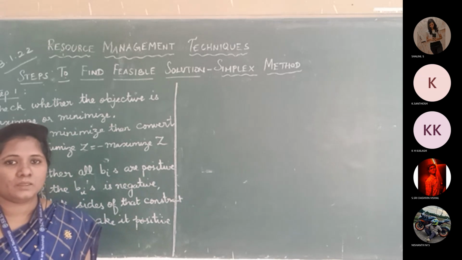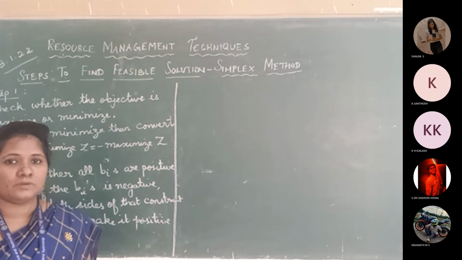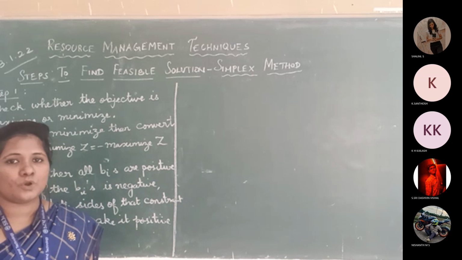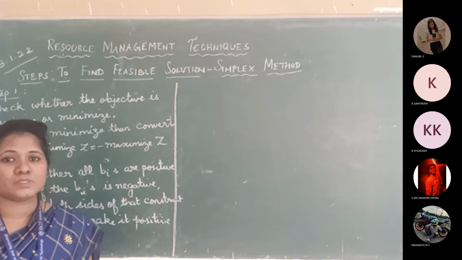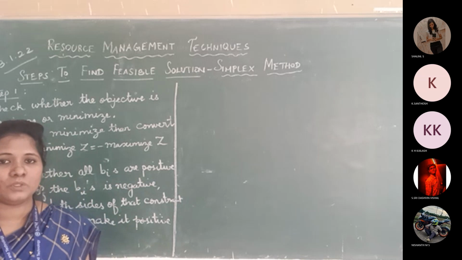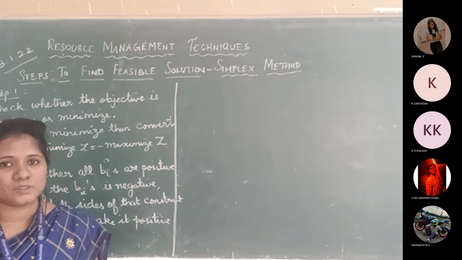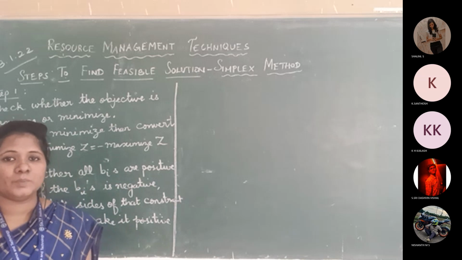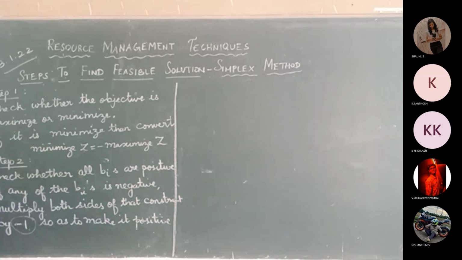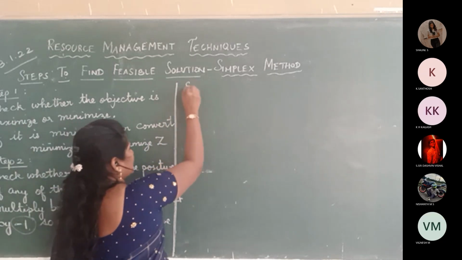When you make it less than or equal to in the constraint, you can use your slack variable. Yesterday we wrote the definition: slack variable means addition, surplus variable means subtraction. So your step 2 is that.